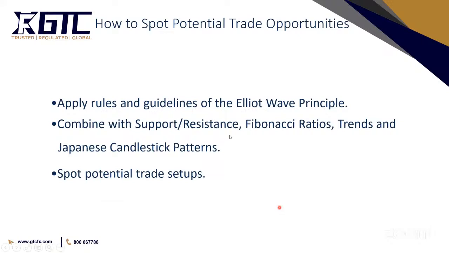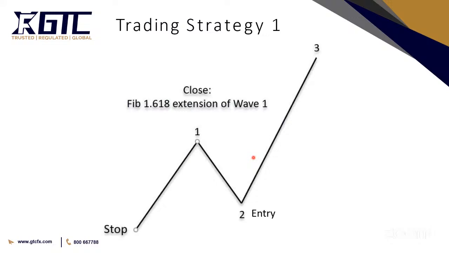All right, if we apply the rules and guidelines of the wave principle, combining with the support resistance, Fibonacci trends, etc., we can spot high potential trade setups. So how do we do that? It's very simple. You have to let wave 1 complete and also let wave 2 complete, because wave 1 is the first step that bulls are back into play, but you don't want to buy at a high, so you wait for a corrective decline, that is wave 2.